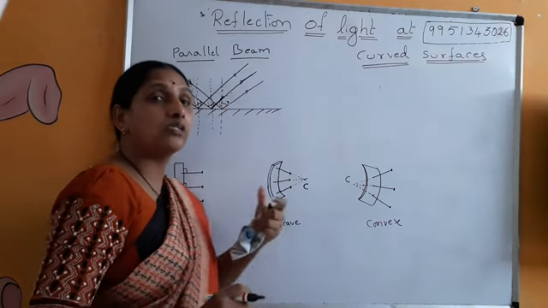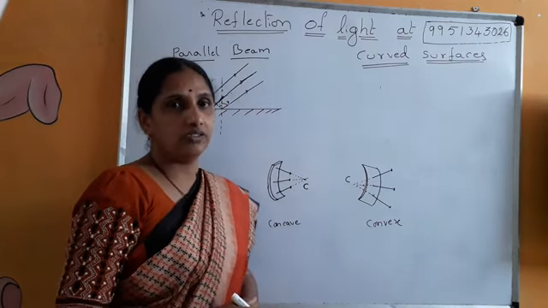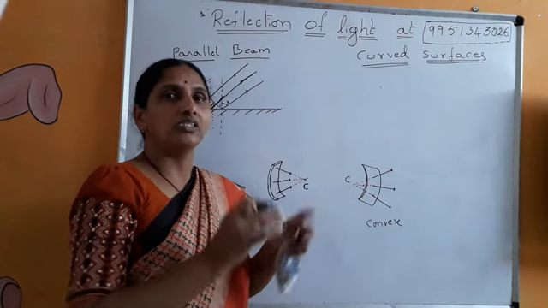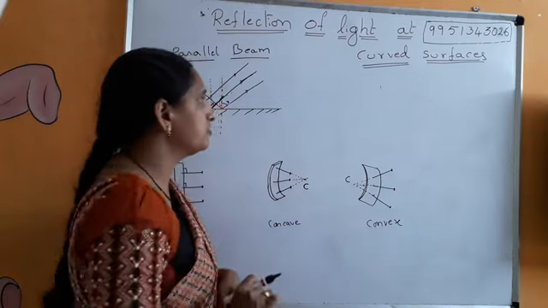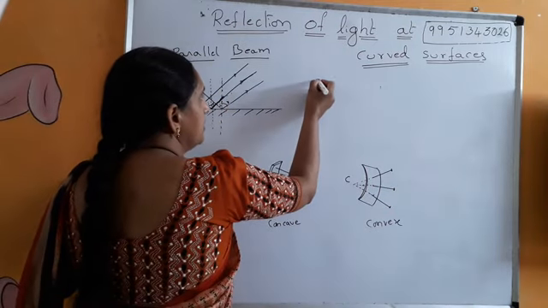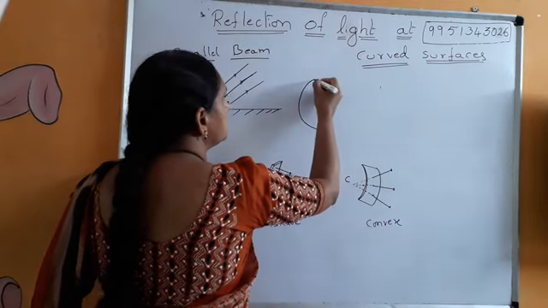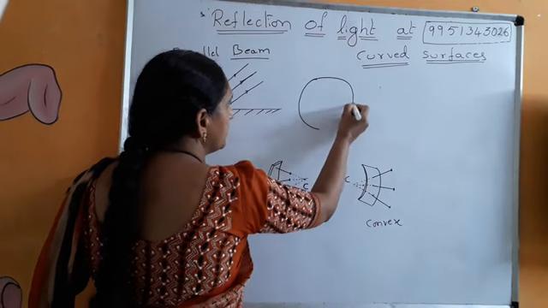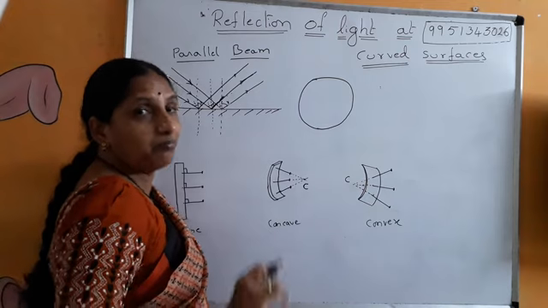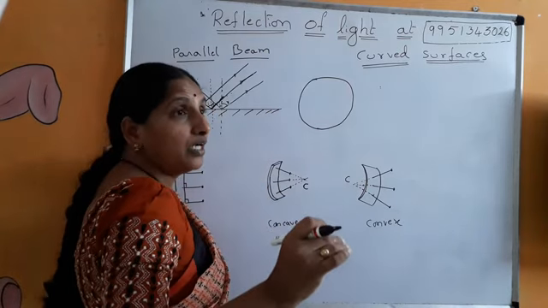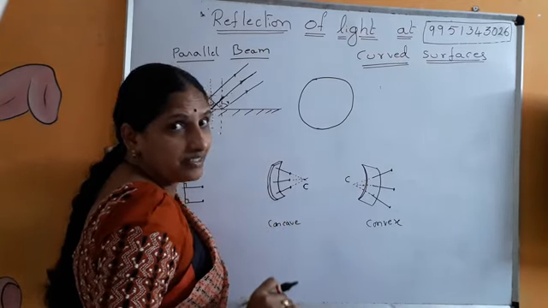Now, another word: center of curvature. This is from geometry, so let us recollect a little bit of the geometry. Suppose you are taking a circle. In fact, here I have to take a sphere, but it will be easy for you to understand in the case of a circle.